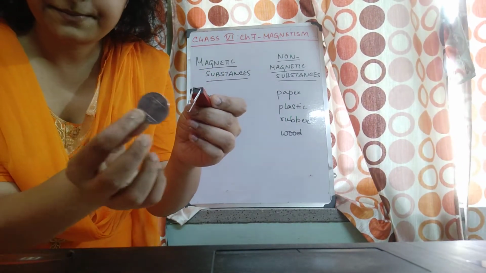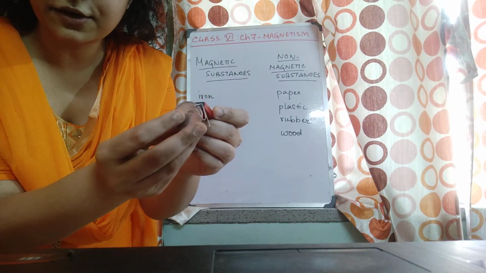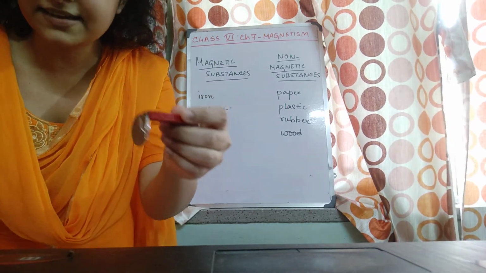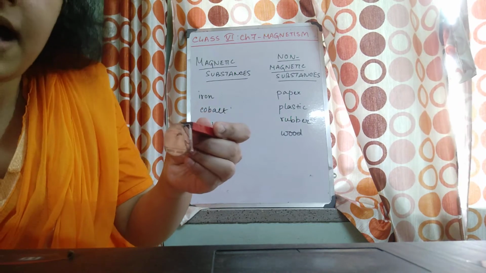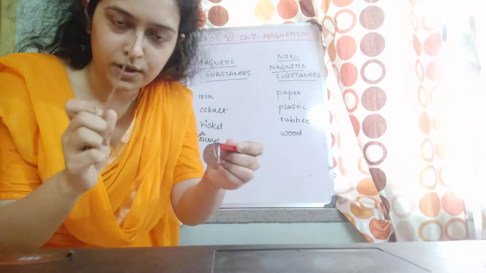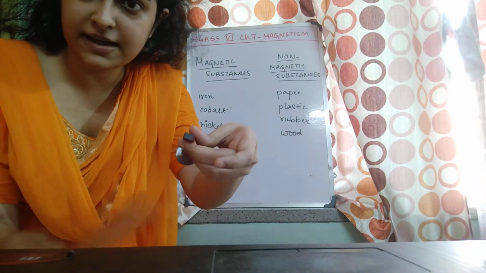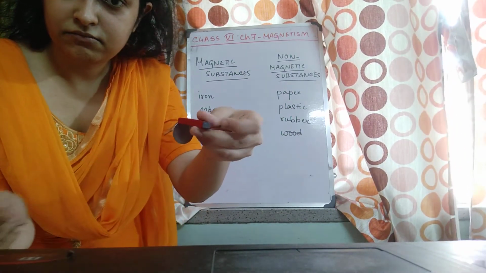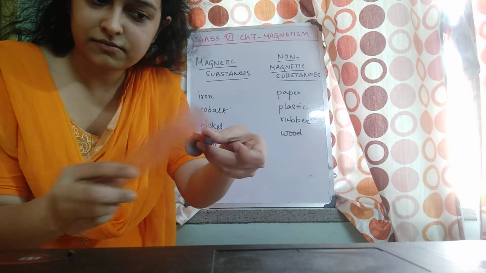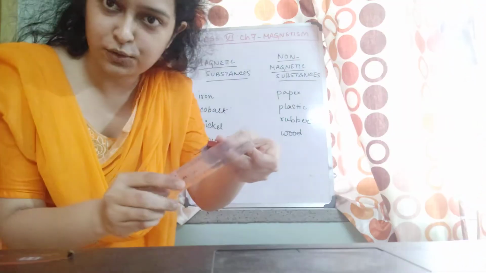This coin is also getting attracted. But I am bringing this plastic ruler. No, it's not getting attracted. No attraction, nothing, for the plastic ruler.